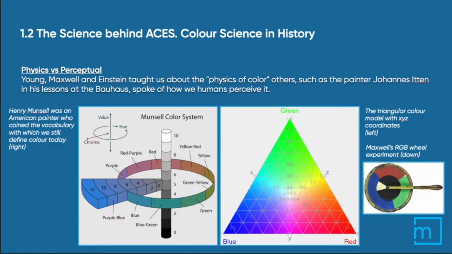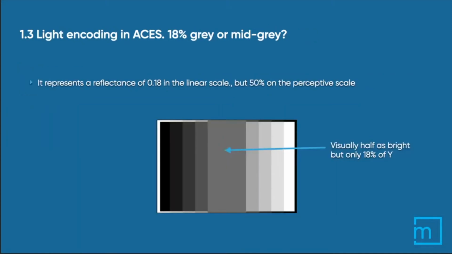I was talking about the relationship between physics and perceptual. And this is probably the most common and easiest example, which is a basic of light encoded in color science, which also divides between perceptual and linear. As you all know, an 18% gray card will reflect only 0.18 of the light that hits it. So we do not perceive in a linear way.